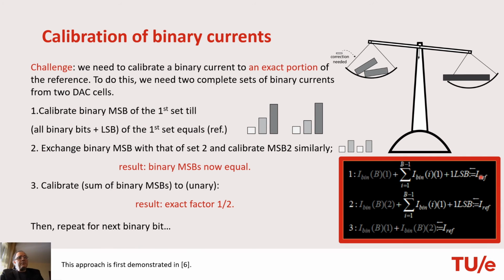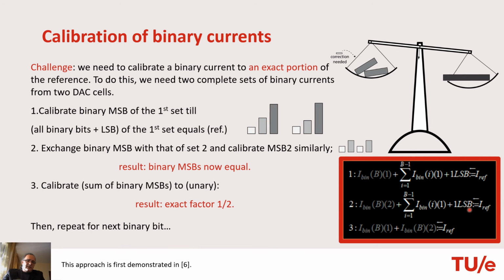If you reach this point, you remove the MSB current from the current comparator and you put in its place the MSB current of the other set, of the other binary DAC. Of course, now the scale will change.